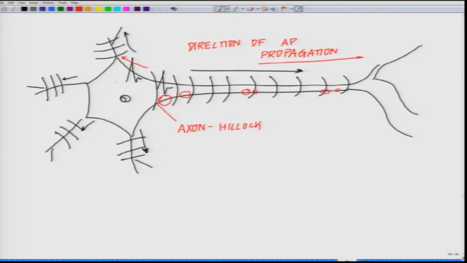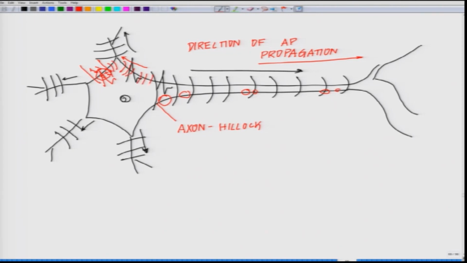And one more thing, when I told you action potential is a local phenomenon, what happens? Suppose something comes and binds here. This part all of a sudden becomes positive. Once this becomes positive, an electrical impulse gets generated. Then this makes this part positive, then this part, then this part.